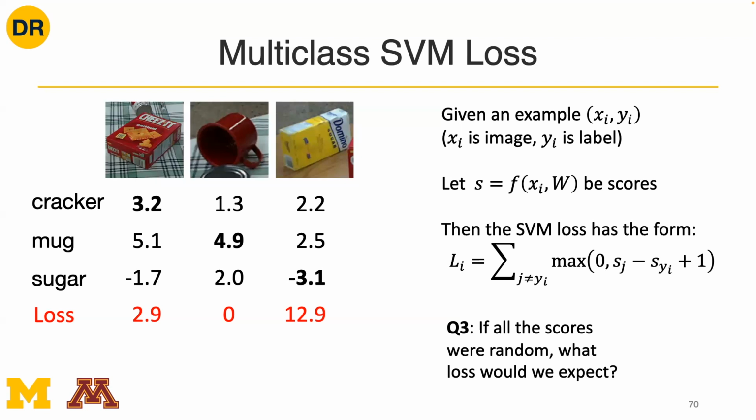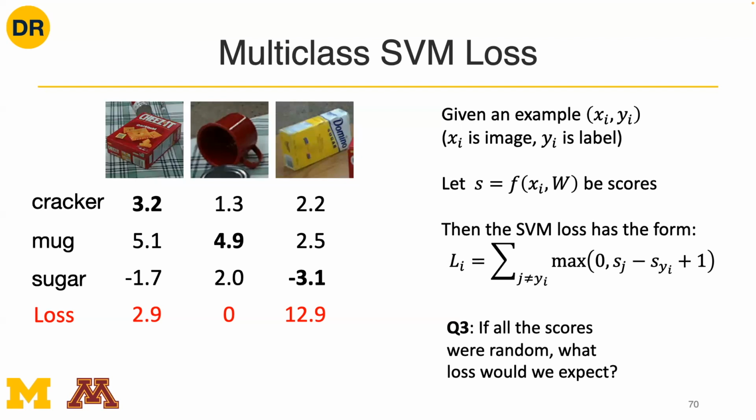So what do you think? What if all the scores were zero mean Gaussian? One way to think about it: if we have a zero mean Gaussian, then if you randomly pick a score, it would on average be zero, so the scores would on average cancel each other out.